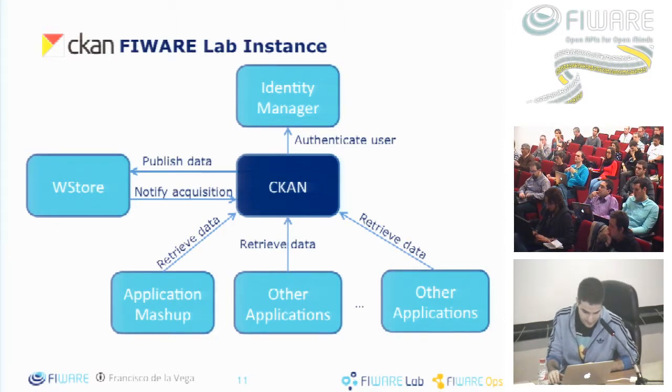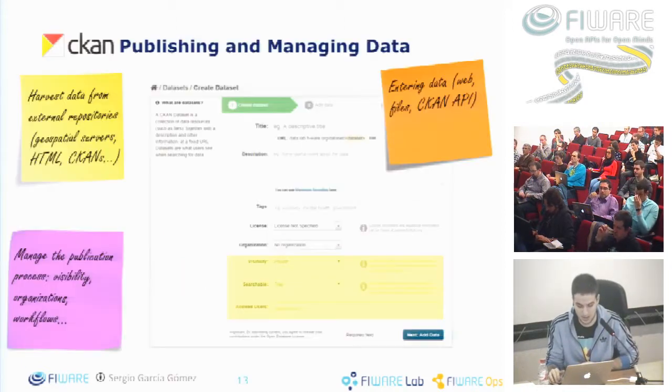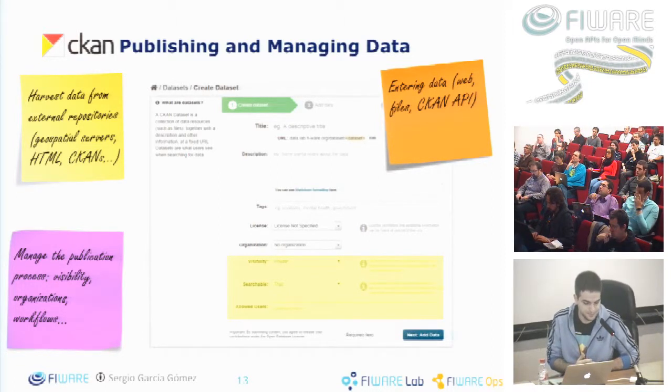So from the provider side, how can a provider upload their own data? There are two different ways. The first is harvesting. I know this word is strange, but it just means retrieving the data from other sites, for example, from other CKAN instances, from the web, or from Socrata, which is another open data platform.